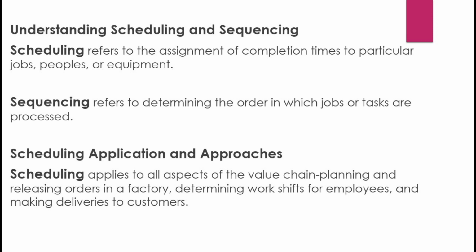Operations managers who run an automobile assembly line must determine the sequence by which different models are produced, and airport managers must sequence outgoing flights on runways.